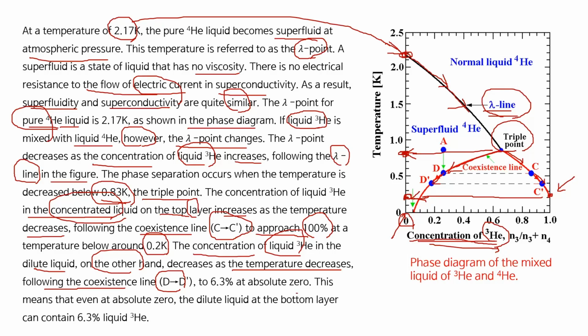So at absolute zero, the content of helium-3 will be 6.3%. This means that even at absolute zero, the dilute liquid at the bottom layer can contain 6.3% liquid helium-3. Okay. So this is the phase diagram of mixed liquid helium-3 and liquid helium-4.